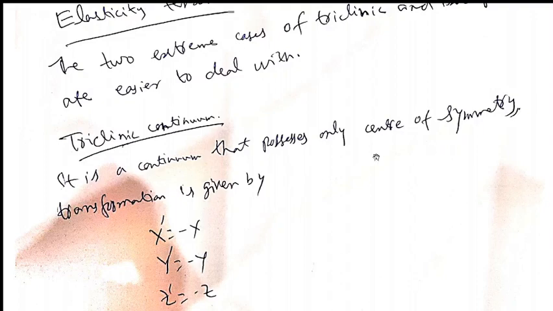Now the symmetries for different kinds of continua are already defined in the literature, so we are not here to find the symmetry. We will use only those symmetries to check the number of independent components of matrix C for the continuum.